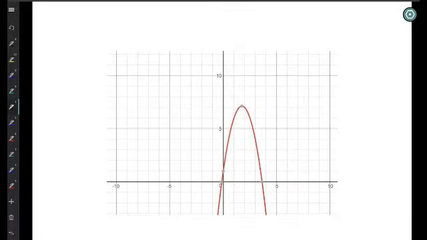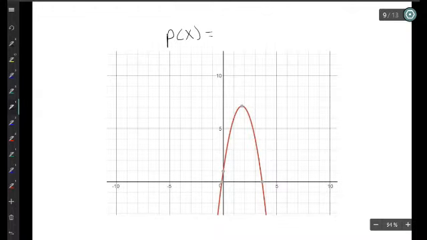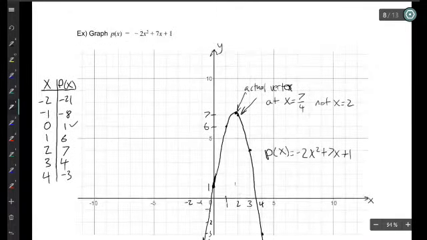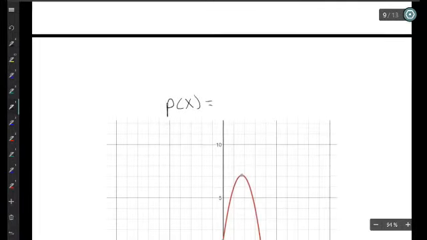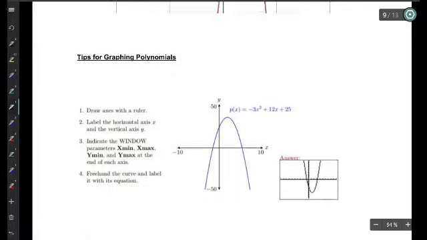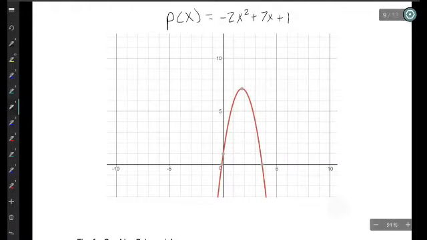And so here is a computer graph of the same function. This is p of x equals negative 2x squared plus 7x plus 1. And notice here's 2, and the vertex is, yes, just a bit before 2, 7/4.